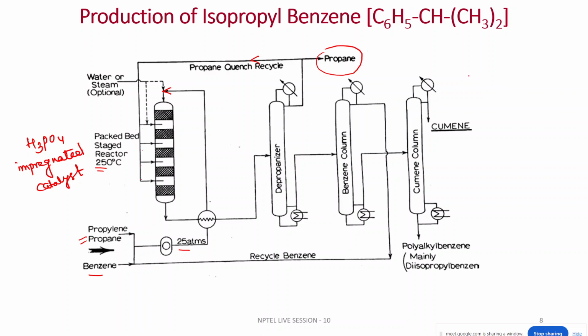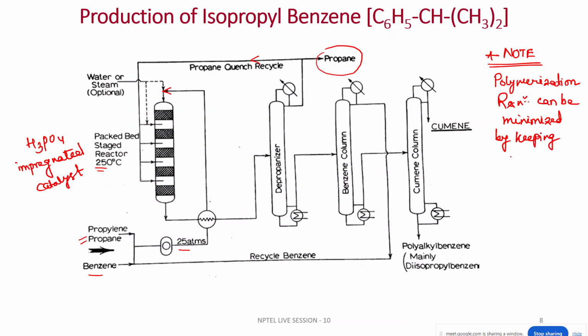Here I can write the important note that the polymerization reaction can be minimized by keeping a high ratio of benzene to propylene, and this high ratio is like 5 or greater than that.